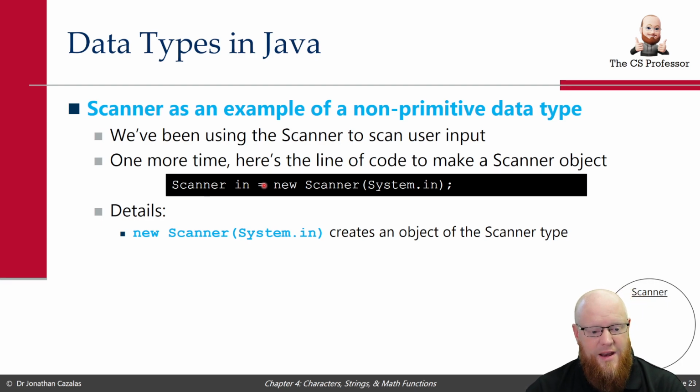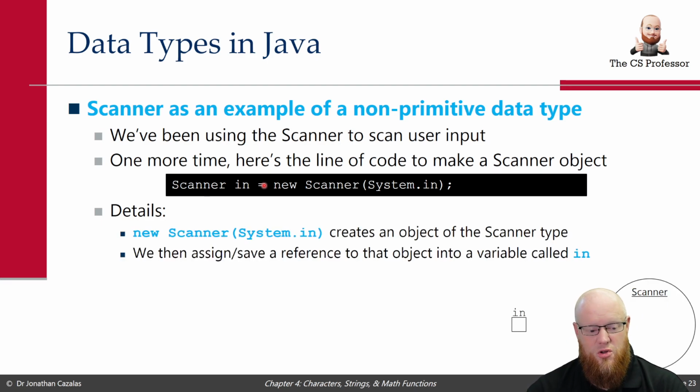side of that assignment. Save that new object into a variable called in, but it's actually more nuanced than that. We're not saving the object itself into the variable in. What we're doing is we're saving the address of that object, because that object was created. This scanner object was created.